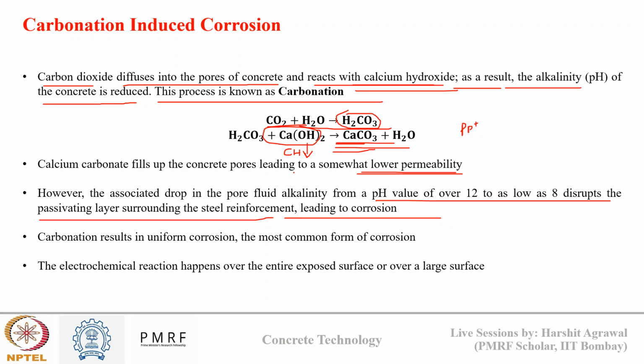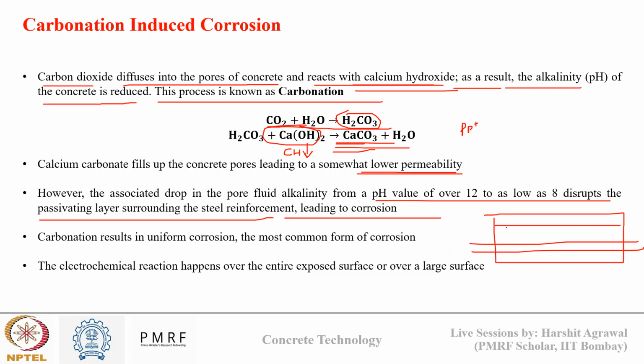Now when we talk about the end result, suppose this is my concrete and this is my steel reinforcement. The pH will lower down layer by layer as CO2 penetrates through concrete. Once the pH, which was over 12 at the interface, becomes less than 10 or less than 8, the passive layer completely depletes.